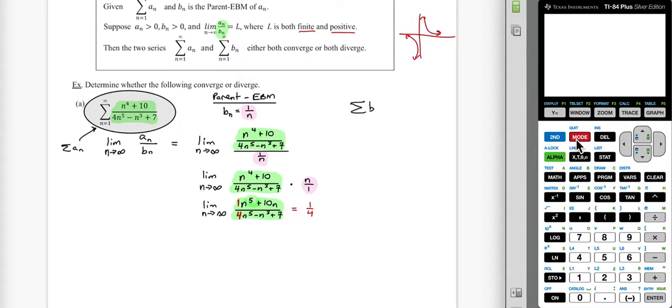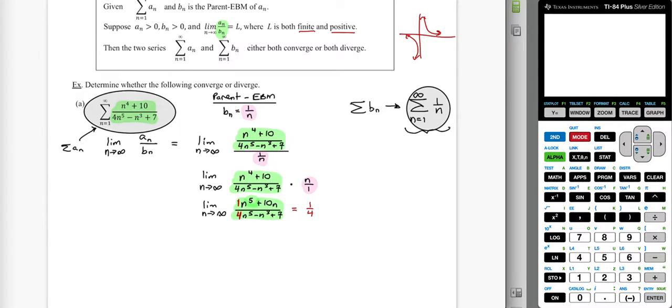We also have the sum of b sub n, which is the sum as n equals 1 to infinity of 1 over n. So we came into this problem not knowing whether this converges or not. We evaluate our b sub n over here and determine whether that converges, based off the limit comparison test. We can make a determination of whether the sum of a sub n converges. And so what we're looking at here is a p-series.